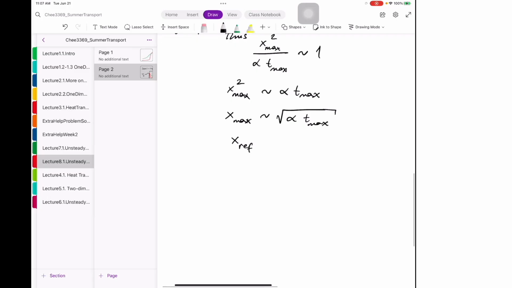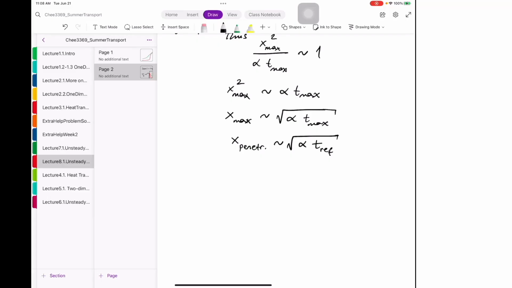You can take a reference point and say, if I get close enough to this temperature, I call this the penetration depth. The penetration depth is going to scale with the square root of alpha times t, right? Good. So you can think of it as a reference time and reference position.